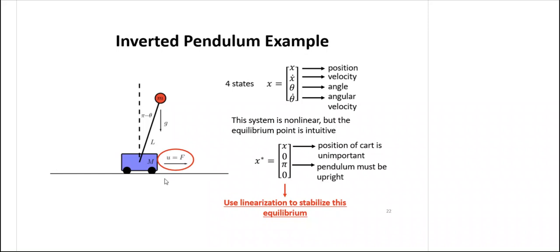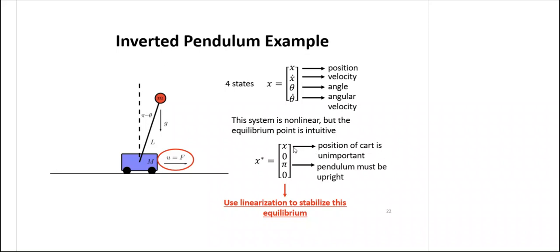The system is always unstable, but we need to reach the equilibrium point, where the cart is not moving, and neither is the pendulum, and the angle would be pi, so upright.